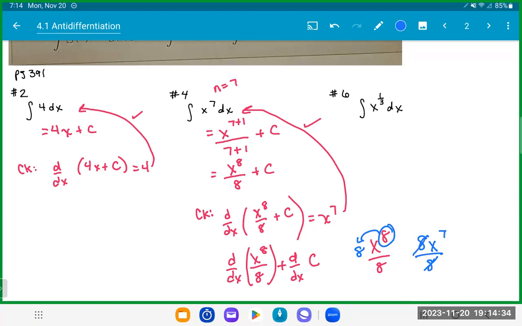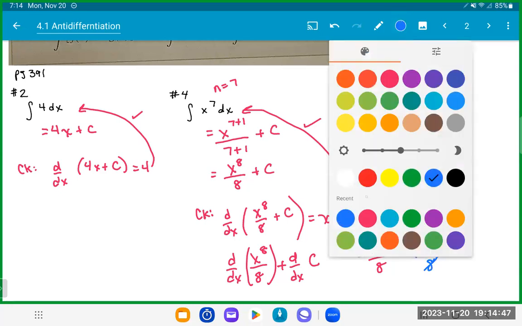And then the 8's cancel and we're left with x to the 7th. Okay, thank you. Of course. And then the derivative of a constant is 0. Okay. Questions?